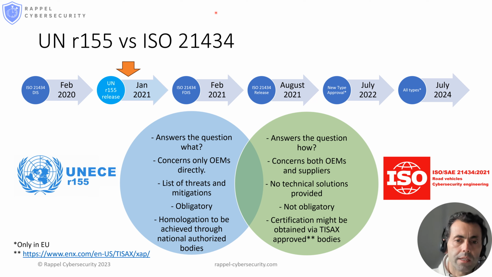The homologation process is managed by national UNECE authorities and performed by bodies that are delegated. However, ISO certification can be achieved through several TISAX approved bodies. You can see the link at the bottom of the page, and you can see all the approved bodies all around the world where you can get your ISO 21434 certification.